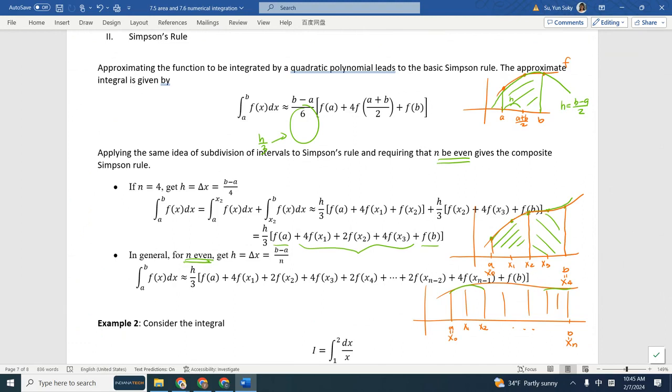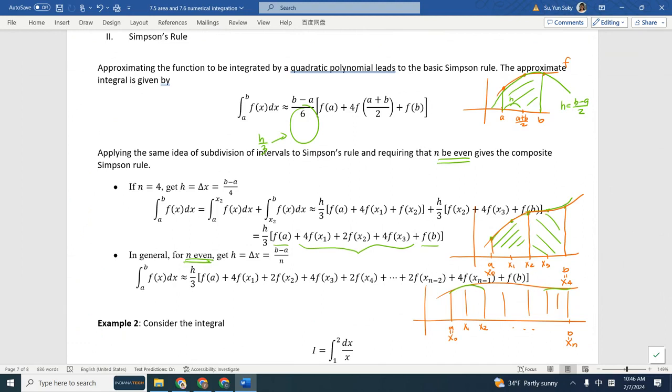So n is 4, you actually only get 2 blocks. Unlike the trapezoid method, where n is 4 you get 4 trapezoids, for Simpson's method you only get 2 blocks. Therefore, n for the Simpson's method must be an even number. It cannot be an odd number. Is that clear, everybody? Because you need 3 points for a quadratic. So n must be even.